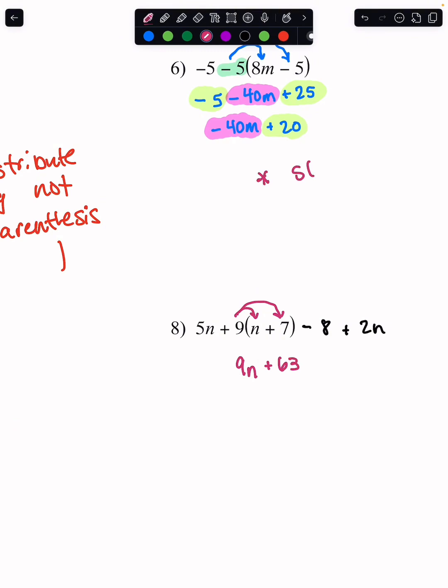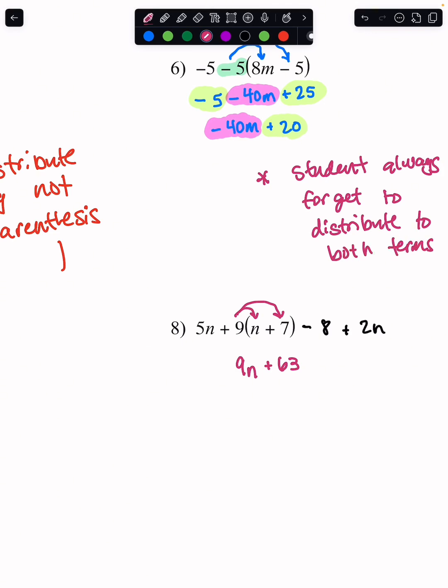Some students always forget to distribute to both terms. For some reason, sometimes students will distribute the first term and get the 9 in and then not do the 63. Now that my distribution is done, I can add.